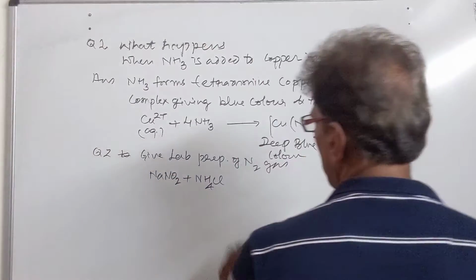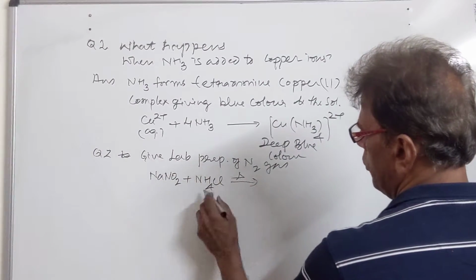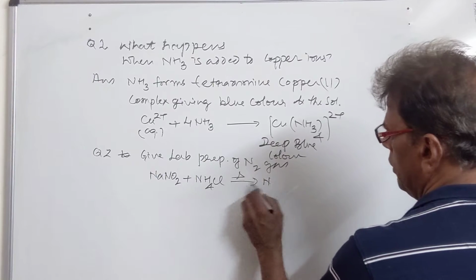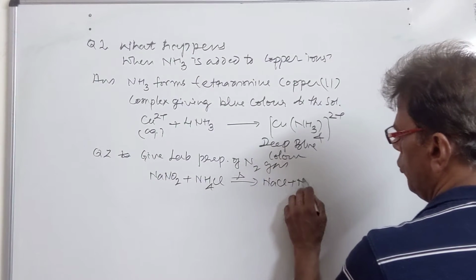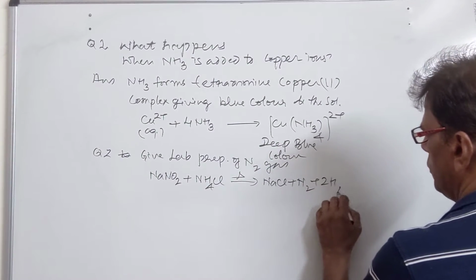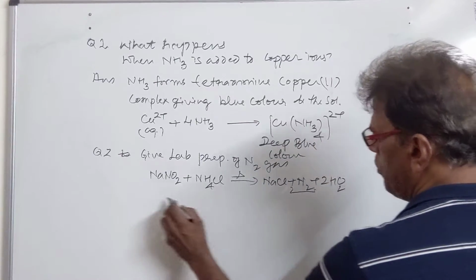Ammonium chloride treated with sodium nitrite, you will get NaCl plus N2 plus 2 water. So this is lab preparation of N2.